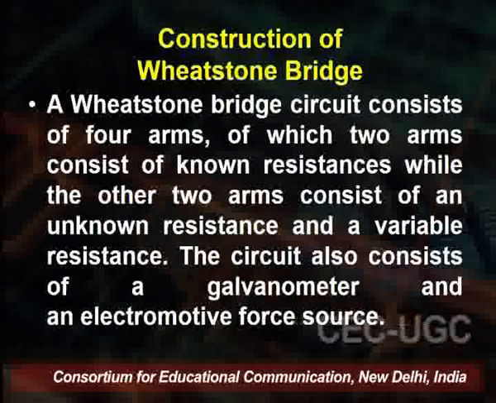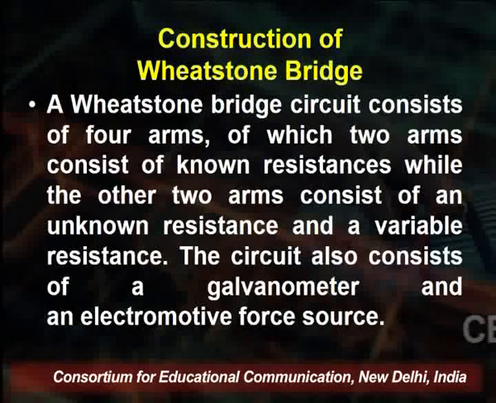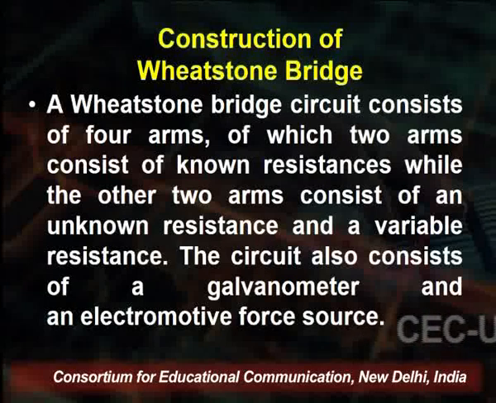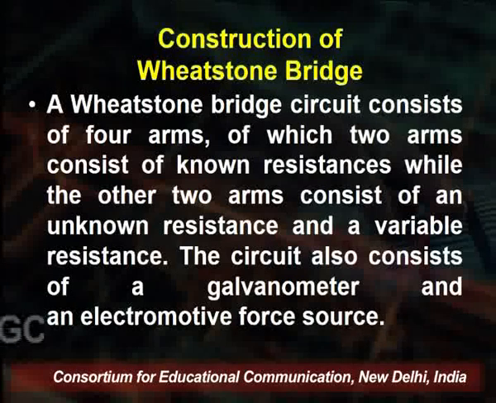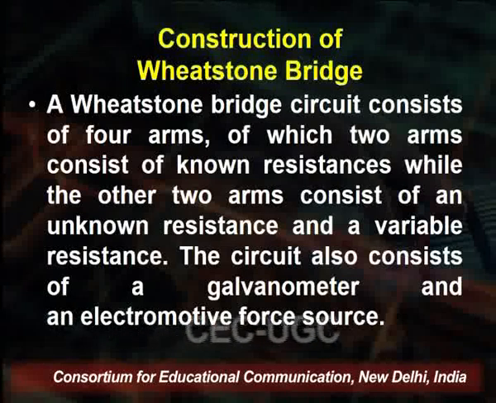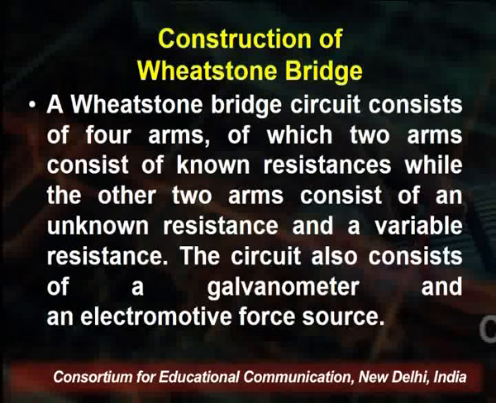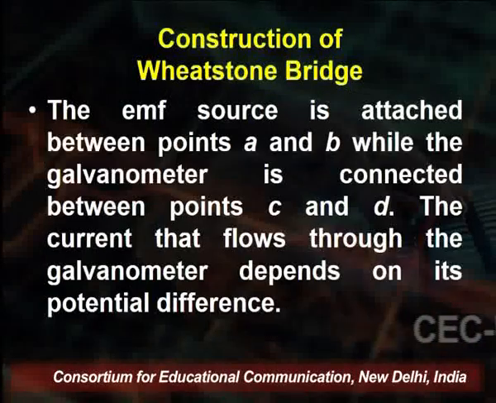The Wheatstone bridge circuit consists of 4 arms: 2 arms consist of known resistances, while the other 2 arms consist of the unknown, variable resistances. The circuit also consists of a galvanometer and an electromotive force source.